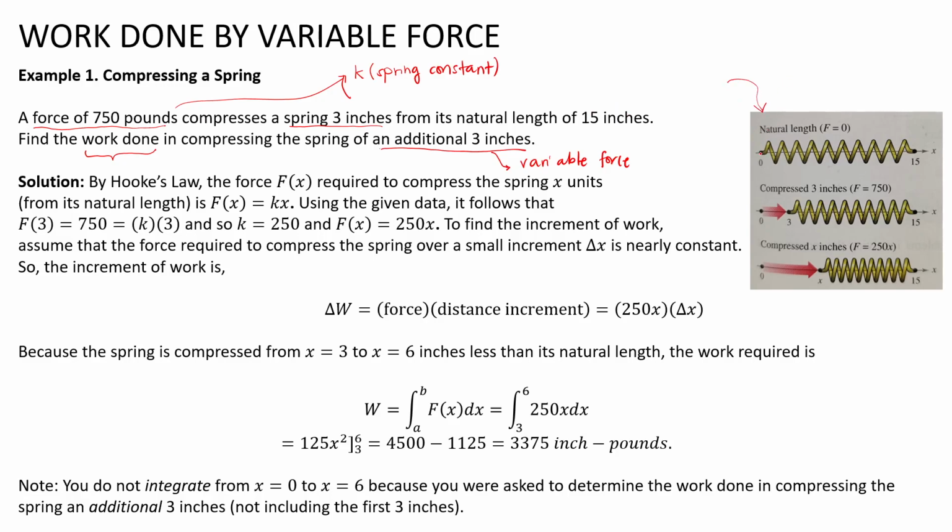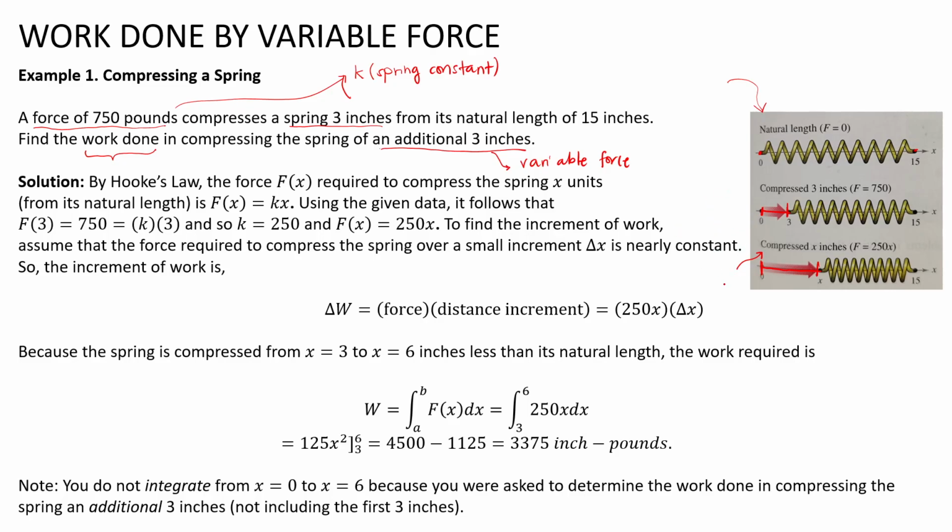You may make your compression start at 0. The natural length is from 0 to 15. Compressing 3 inches becomes 0 to 3. Then an additional 3 inches more will be 0 to x. This figure is already true for any distance x, because you already have the spring constant.